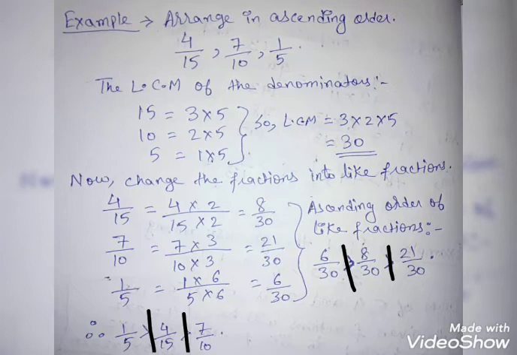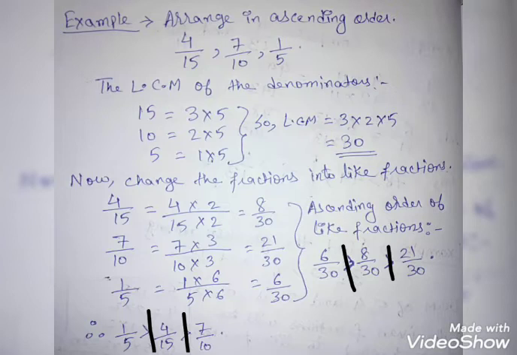First of all we will take the LCM. LCM of the denominators, that is 15, 10 and 5. So I have written over here the multiples. 15 we can write 3 into 5, 10 we can write 2 into 5 and 5 we can write 1 into 5.